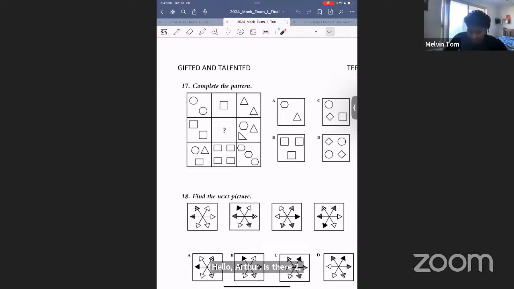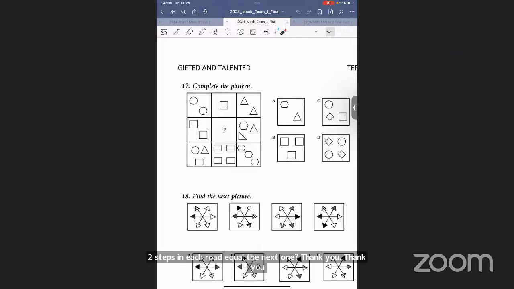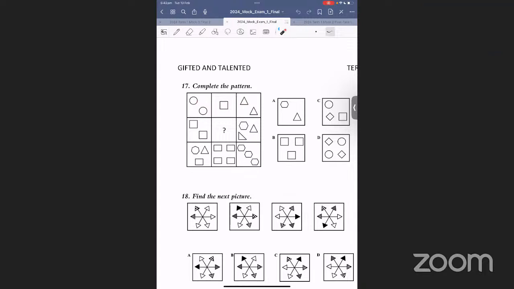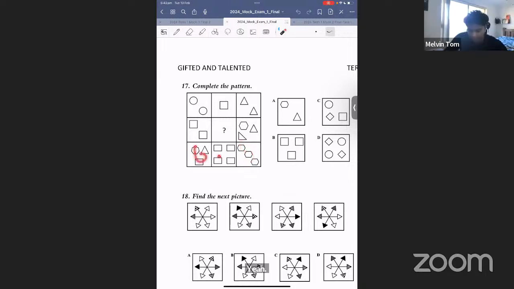The first 2 squares in the rows equal the next one. So the number of lines in these 2 shapes equals the number of lines of the shape in the last one. Is that what you're saying? Yeah. But that wouldn't make sense for this one here because there's a lot of shapes here. Oh. Any other ideas?